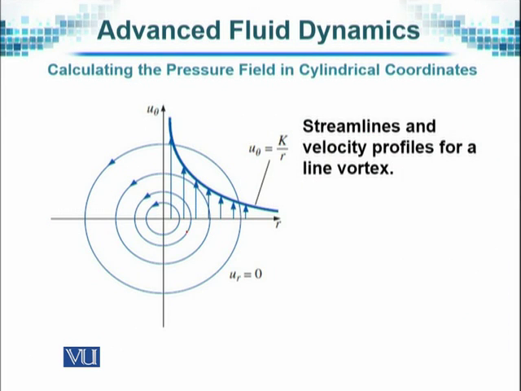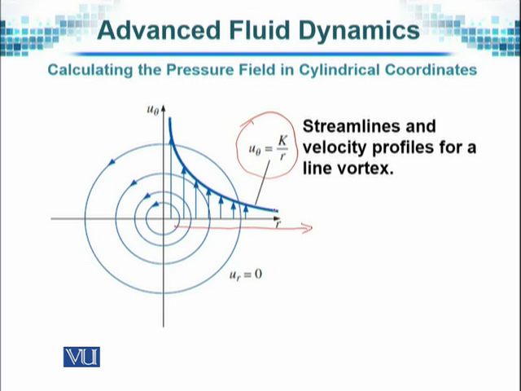If you look at this type of motion, then you can see the flow field looks like this. As I also remarked earlier, as we move away from the origin, that is, as r increases, U_theta reduces.